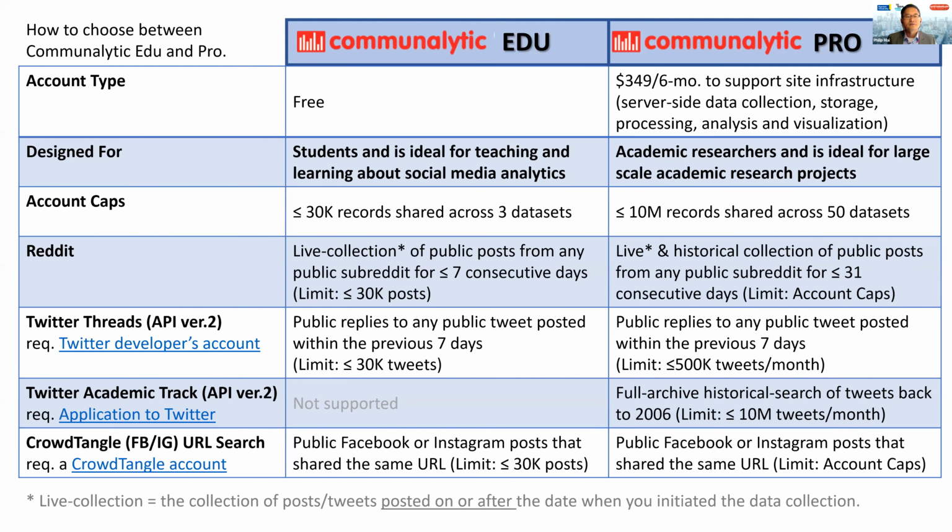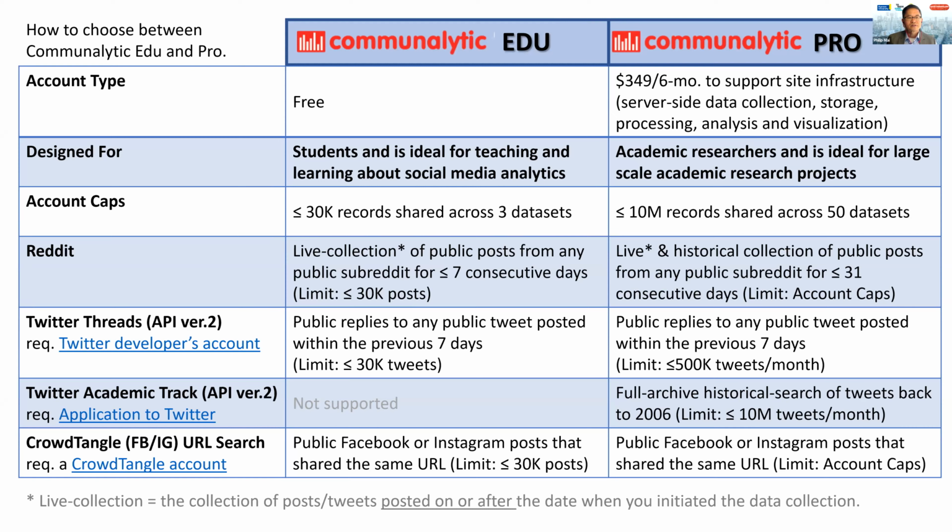So there are 2 versions of Computational. That wasn't made totally clear in the first presentation. There's the EDU version and the Pro version. They both have the same feature set. The main difference between the 2 is the type and the amount of data that you can get with the 2 versions.